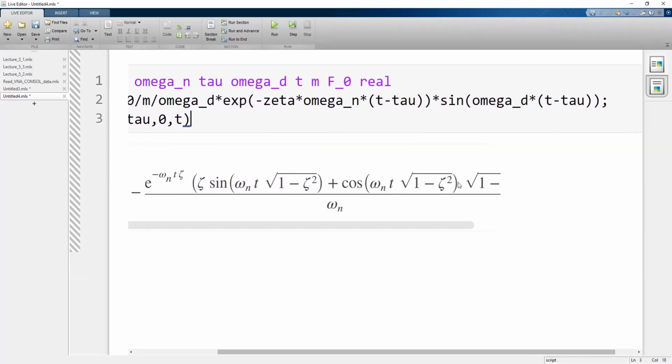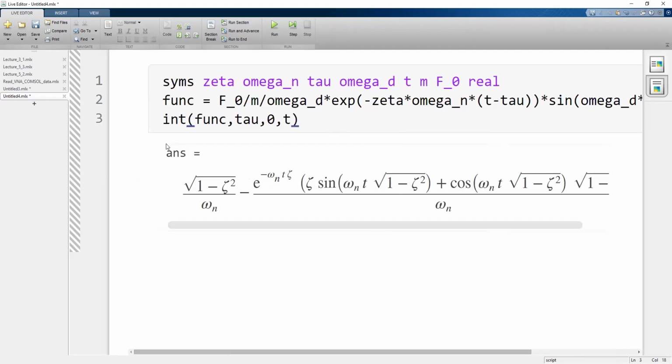Then you get an equation, and eventually you just need to use the int function, the integral function in MATLAB. You first put in your symbolic function, then the second input is the variable you want to integrate with respect to. In our case, it's tau. Then the lower bound and upper bound, and if you click run, that should give you the result.